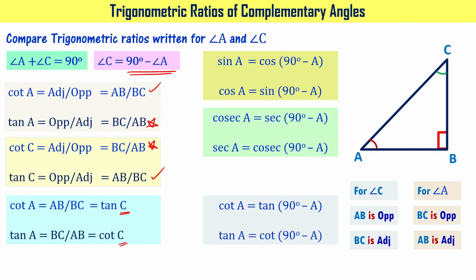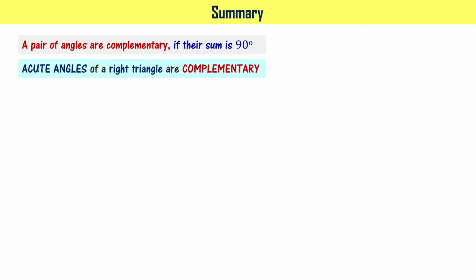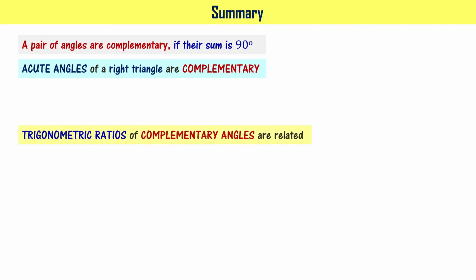Got it? Now let's summarize what we have learned. A pair of angles are complementary if their sum is 90 degrees, right? And acute angles of a right angle triangle are complementary, right? Because another angle is already 90 degrees. Trigonometric ratios of complementary angles are related. That's what we learned.